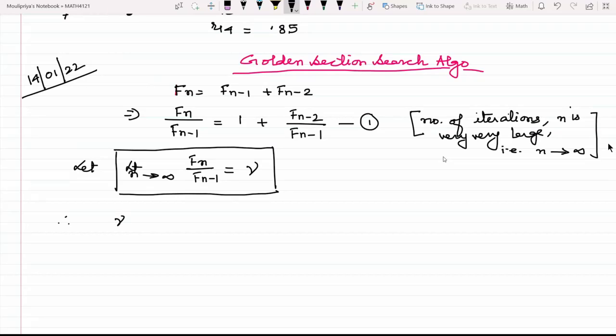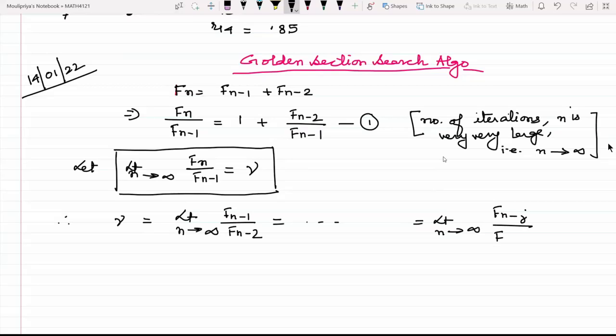Then gamma is equal to the limit as n tends towards infinity of Fn minus 1 by Fn minus 2. Can we write it like this? Which is further equal to the limit as n tends towards infinity of Fn minus j divided by Fn minus j plus 1.